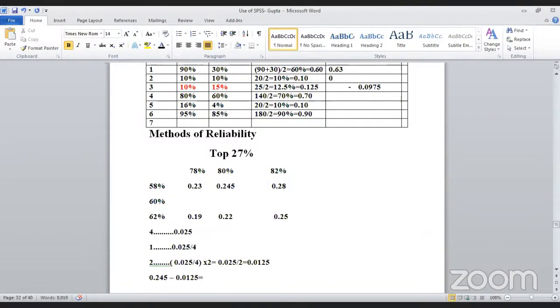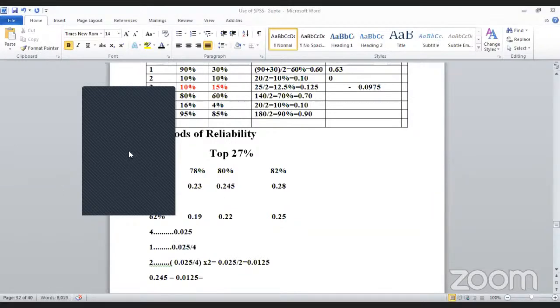So therefore, I have to find out this. Now this will be the value. And the value here will be 0.245 minus 0.0125.